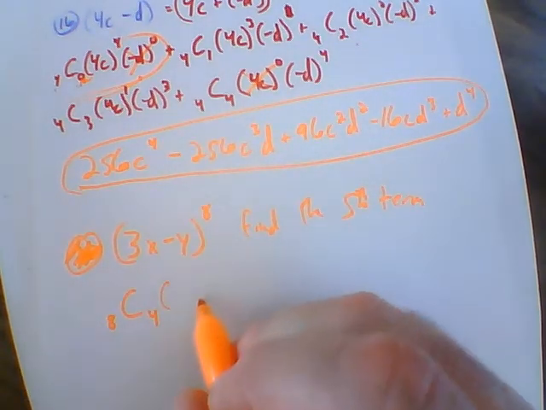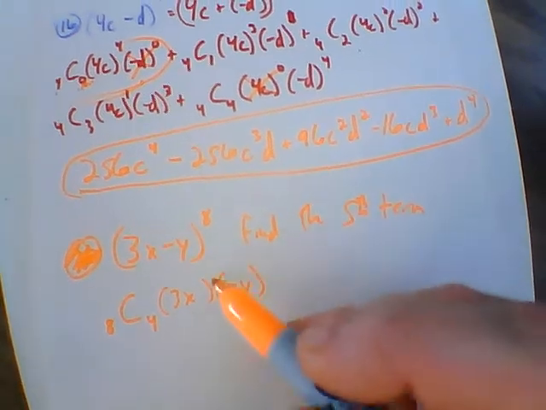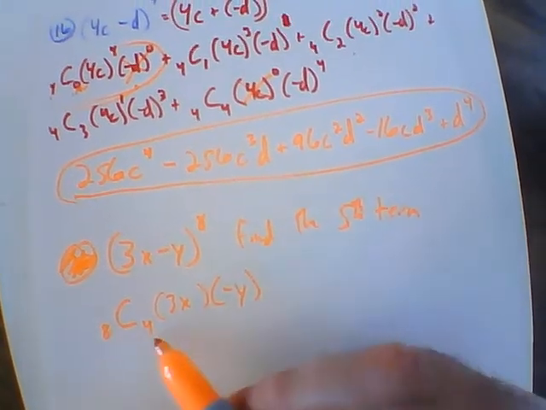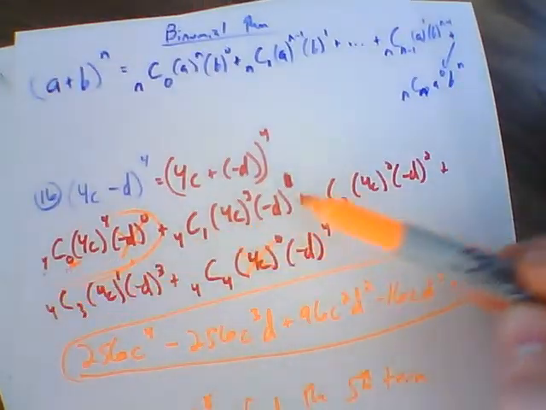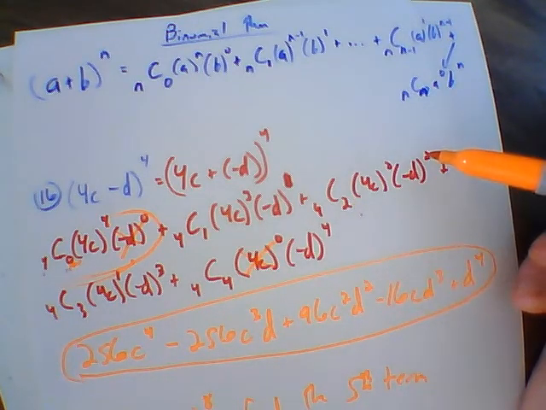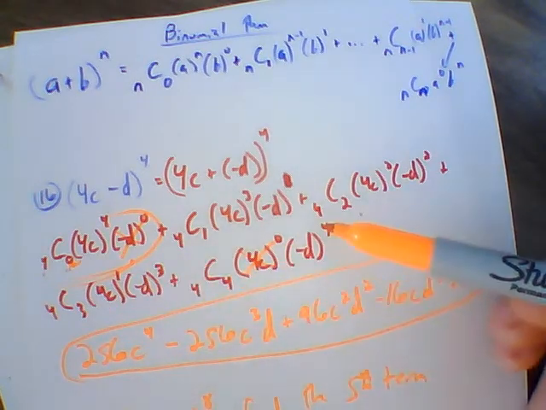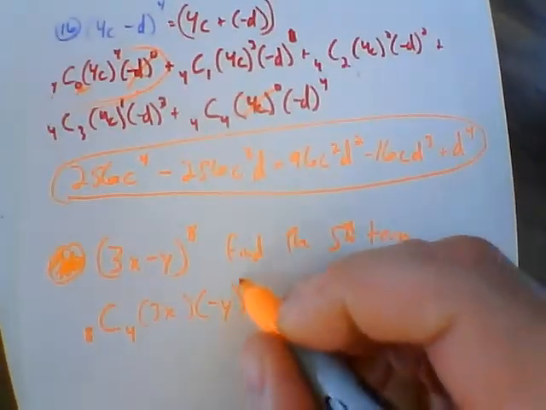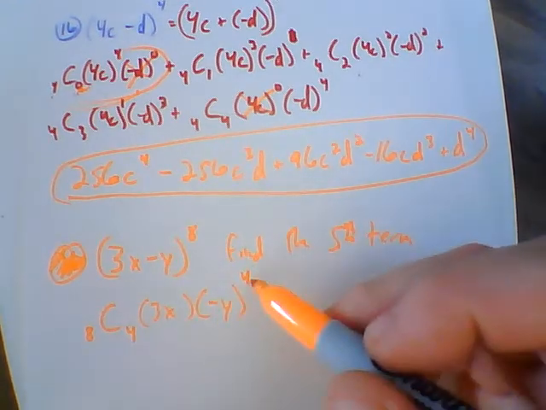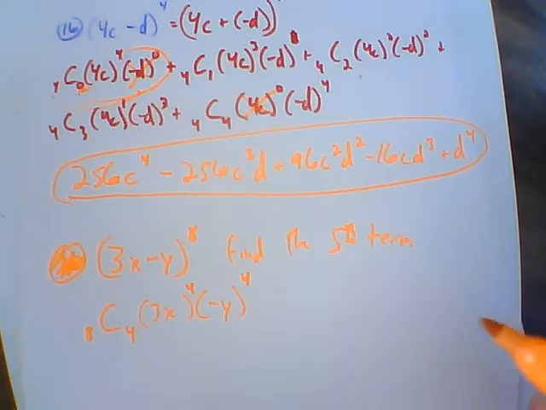And then we would write our 3x and then our negative y in here. Now I need these exponents up here. Thinking about back here, whatever number was right here matched up with that second part. The 3 matched 3, 4 matched that second part. So that means I want to put a 4 here, and then remember these two had to add together to be the 8, so this would also be a 4.